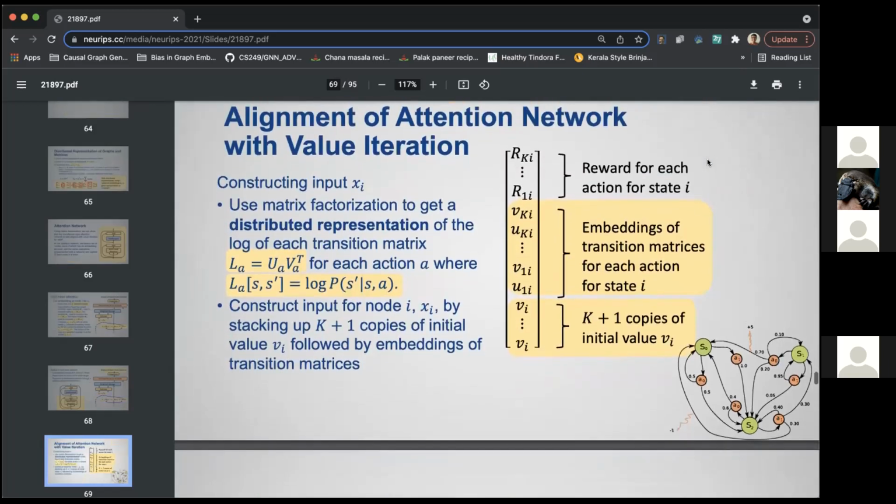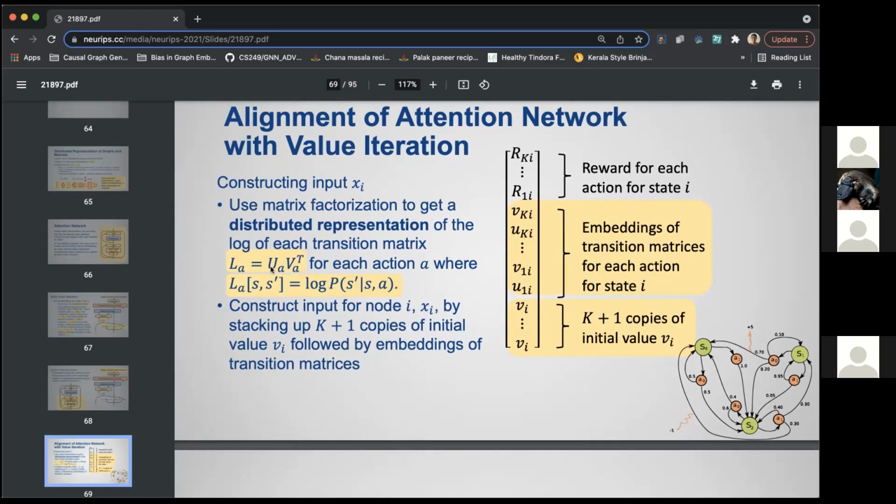So let's look at exactly how an attention network is aligned with value iteration. We're going to carefully construct an input x_i. We're going to use matrix factorization to get a distributed representation of our transition matrix.